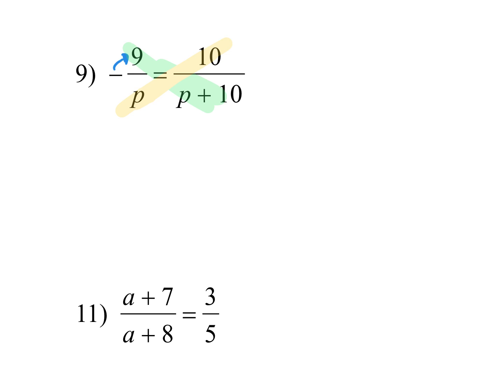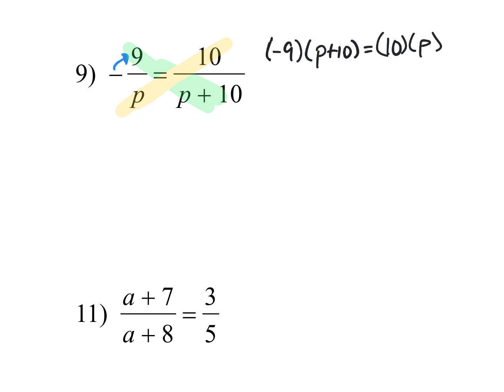Well, we end up getting on one side negative 9 times p plus 10. And that has to equal 10 times p. Everybody good with that? Okay.